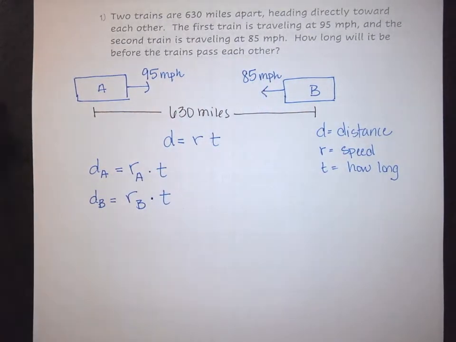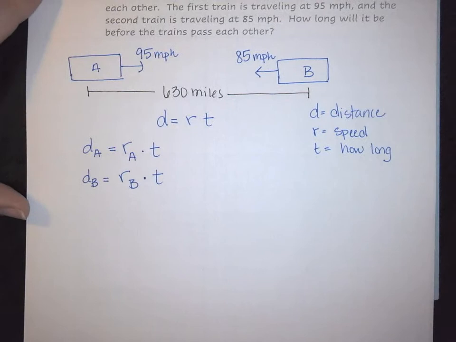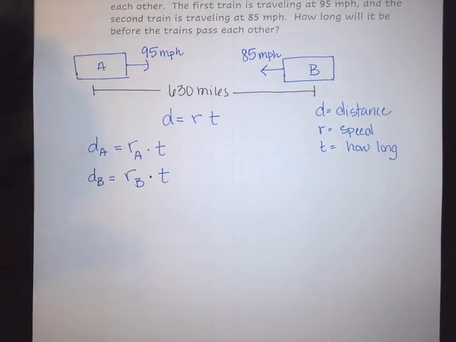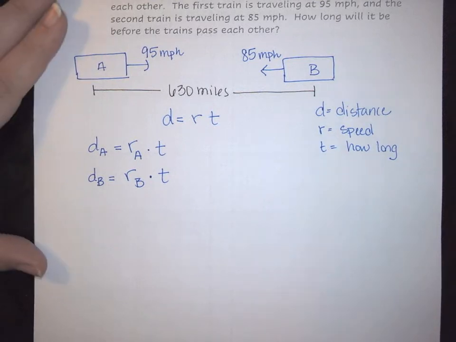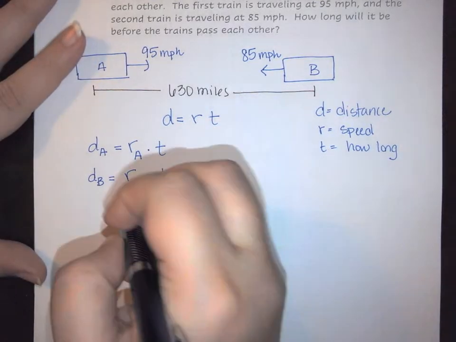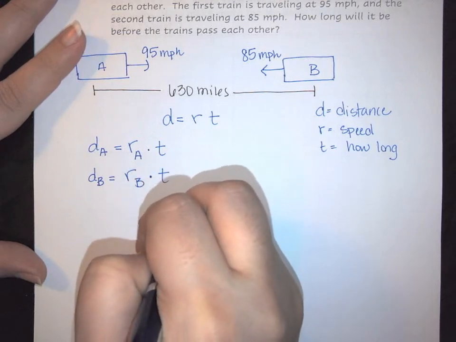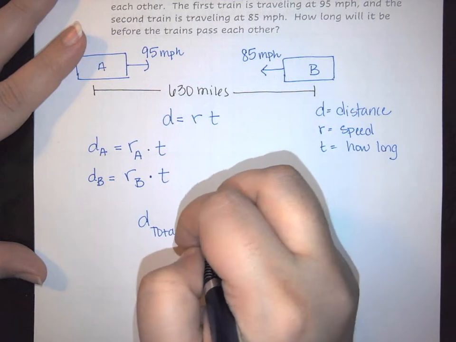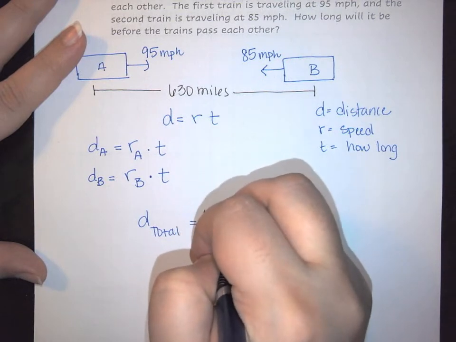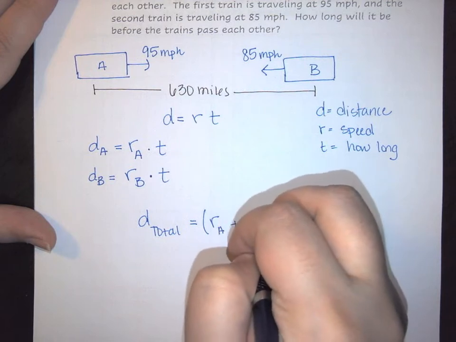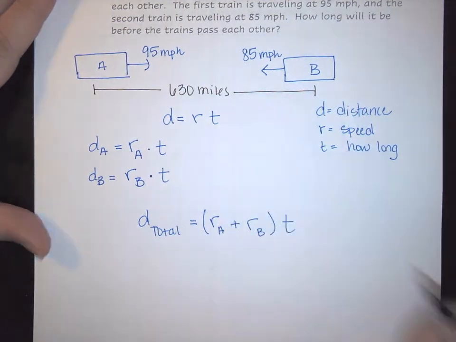Here's the other thing I need to remember. If I have two objects that are traveling toward each other, I have to add their rates together. So the way the formula changes is this is going to become your distance total is equal to the rate of your first train plus the rate of your second train times your time.